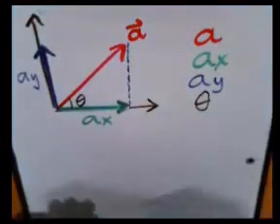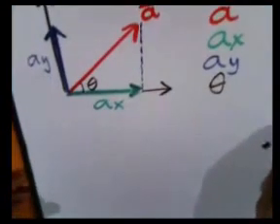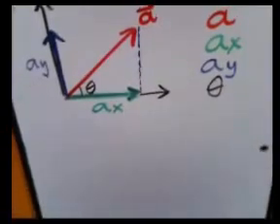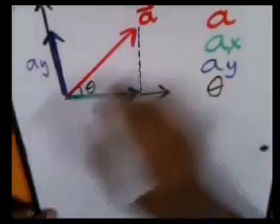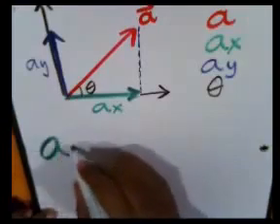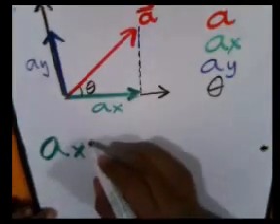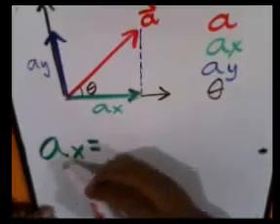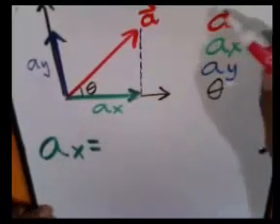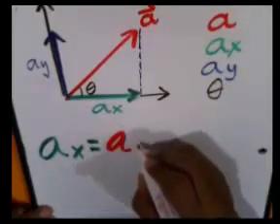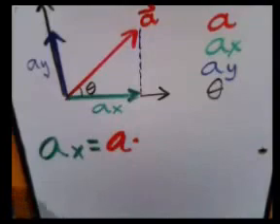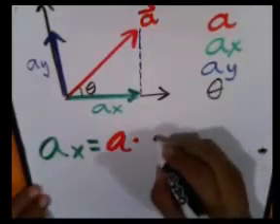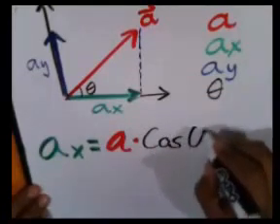Okay, so here's the important thing, and this is probably the most important part of this whole explanation. If you want to find the adjacent component to the angle, in this case the x component, what you do is very simple. You're going to multiply two things. You're going to multiply the magnitude of the vector itself, which remember is A, right? So I'm going to multiply whatever A is times the cosine of the angle theta.